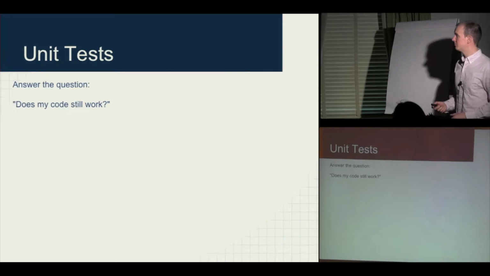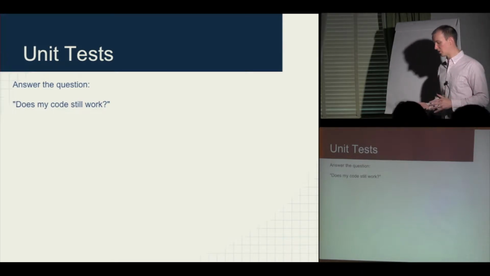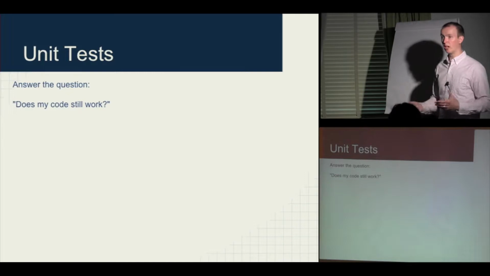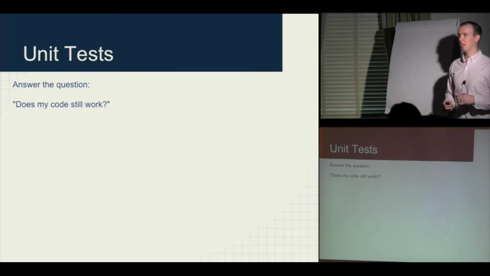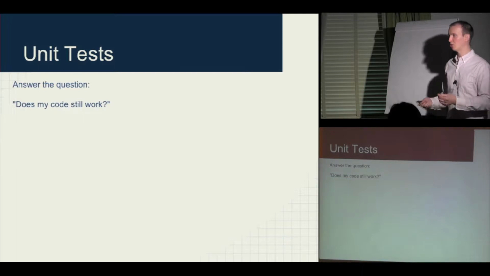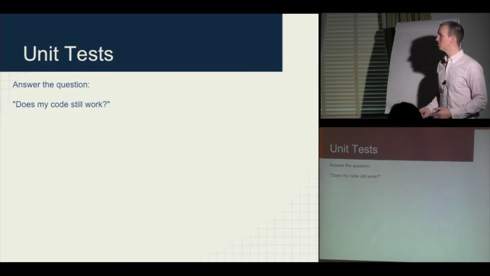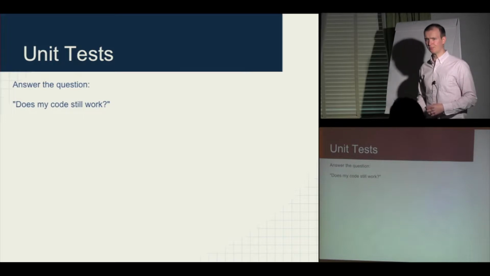Unit tests are great in developing code, but they also have this nice property that they give you reassurance for the future that your code still works. That's really useful, because Rosetta is changing constantly.